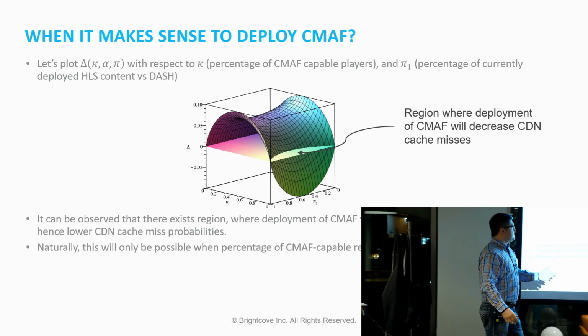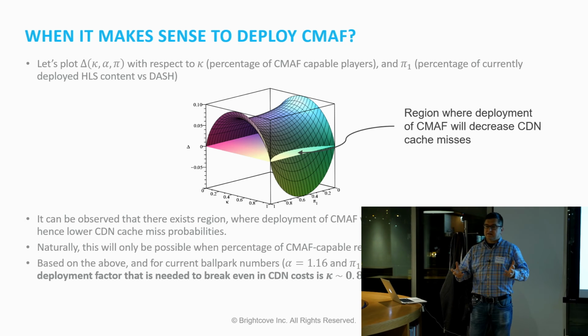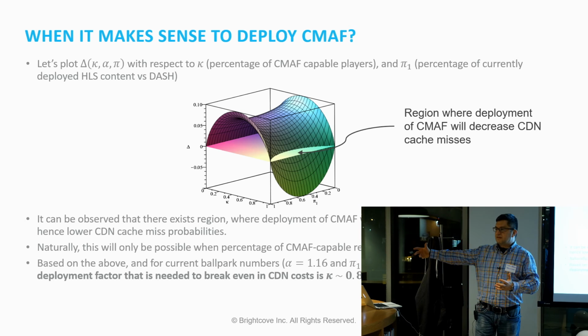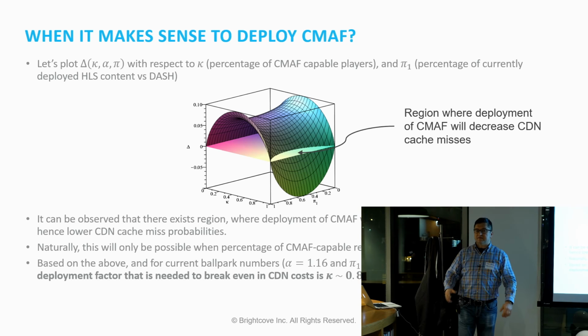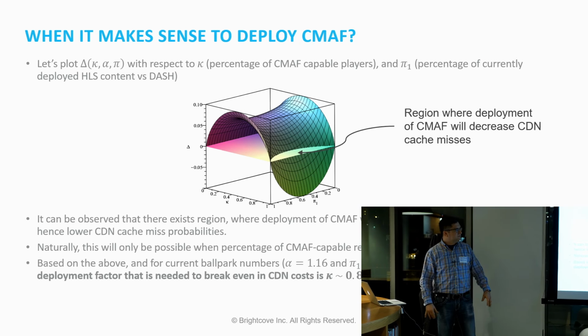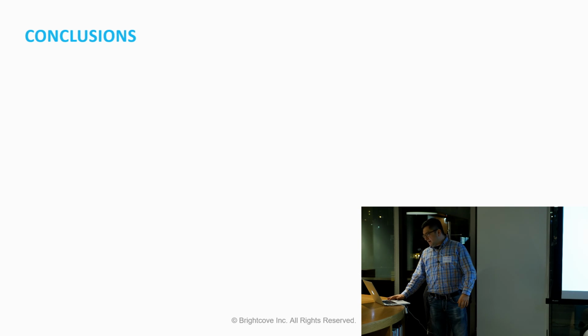And this might sound like a high number, but if you consider the fact that you already have two formats and you are now adding a third on top, that's where it really becomes a much harder barrier to go over. So that's the minimum density you need to hit to make it worthwhile economically.